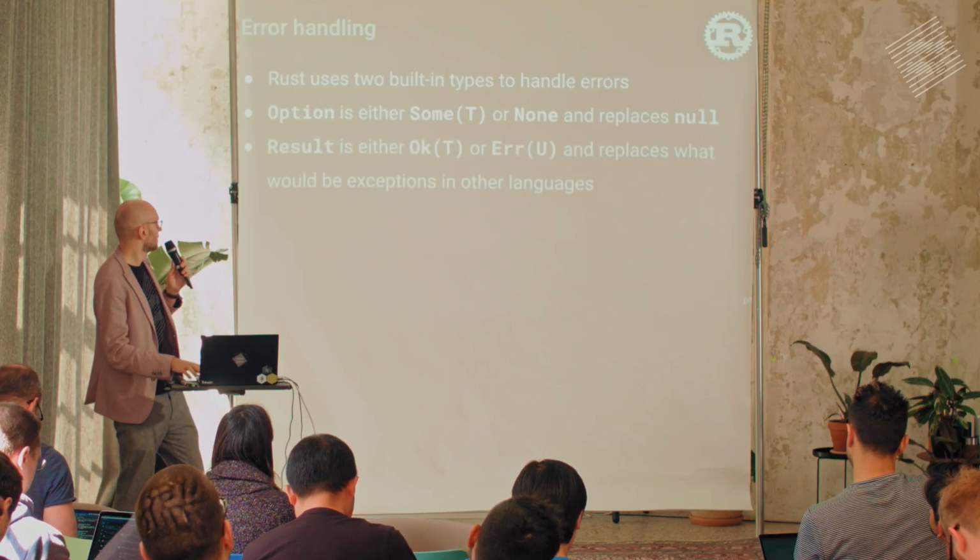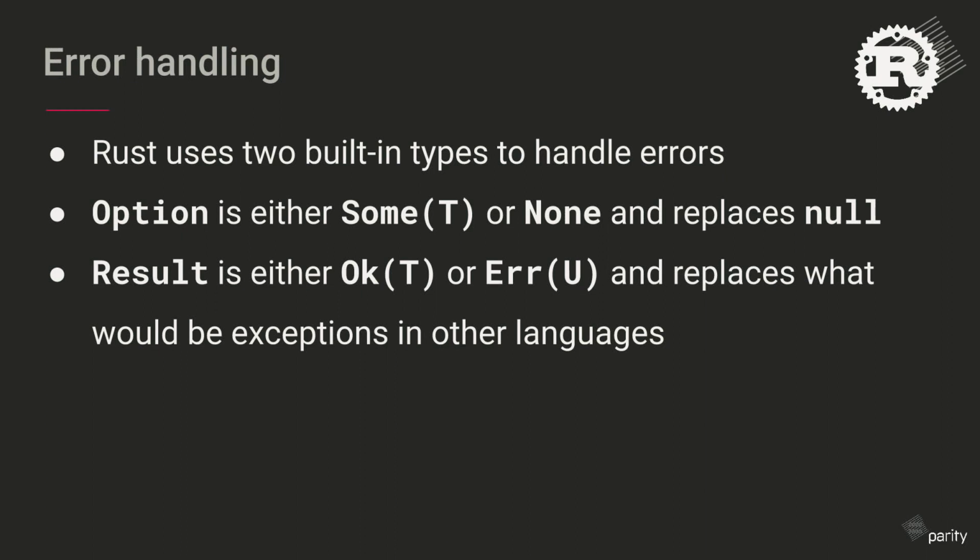And there's also Result, which is either Ok or some Error, which replaces what an exception would be. So there are no null values in Rust, unless you use unsafe Rust.